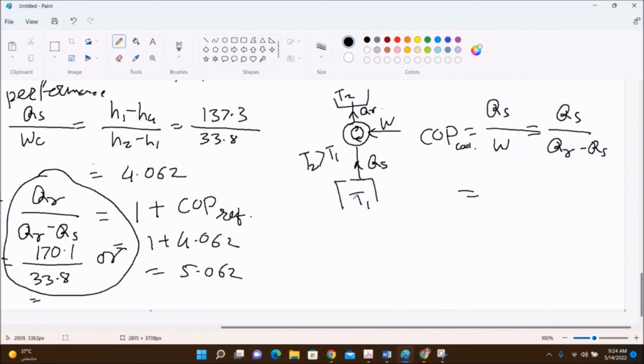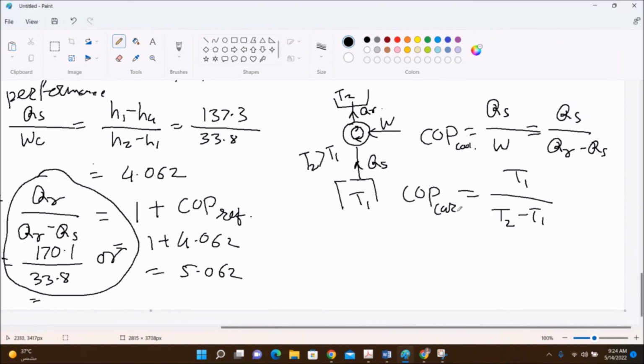Okay, QS is taking place at temperature T1 and QR is taking place at temperature T2, so T2 minus T1 in temperature. So the Carnot cycle is a hypothetical cycle which doesn't depend on mass, and there is no working fluid.